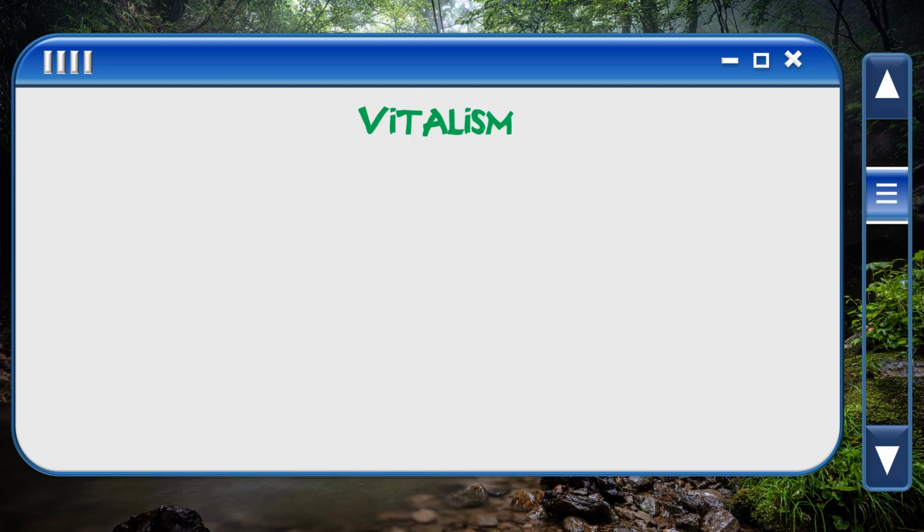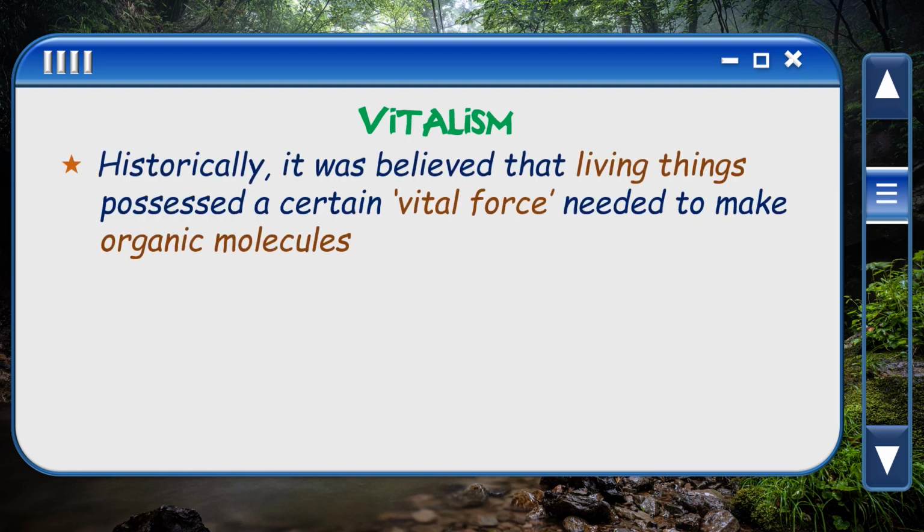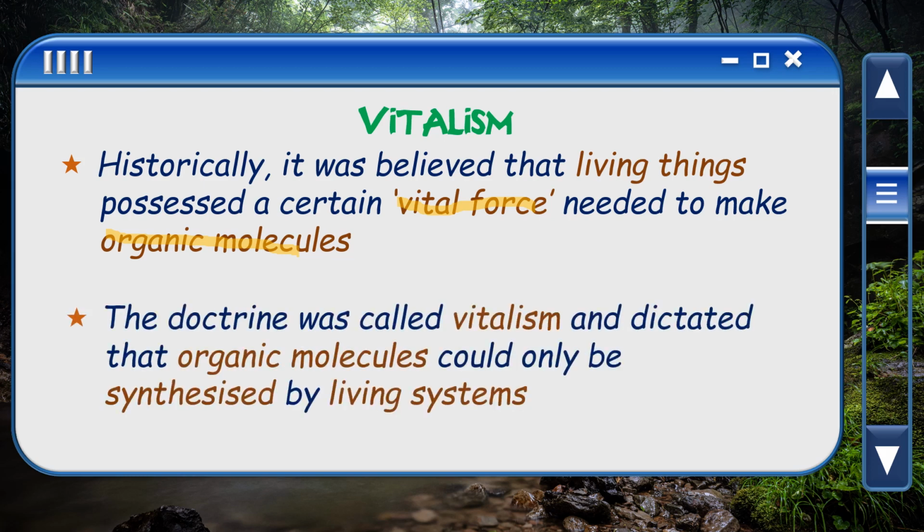Vitalism. Historically, it was believed that living things possessed a certain vital force that was needed to make organic molecules. It was believed that living things had a certain force inside them. And that force was called a vital force. And it was the force which was making the organic molecules.